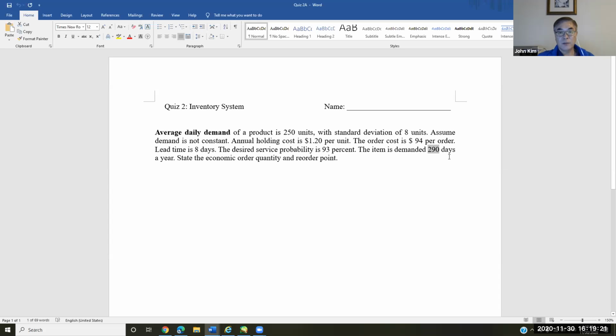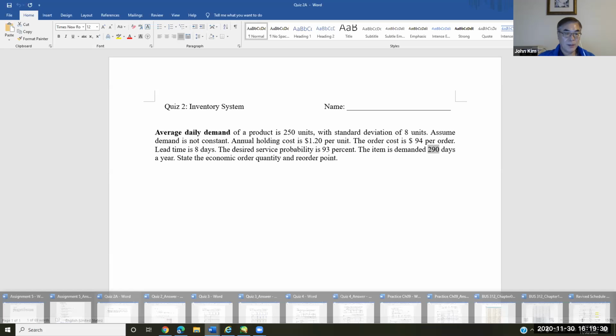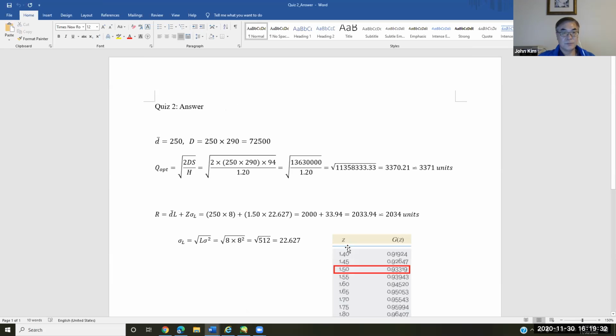But if the given number is like this, then use this number to get annual demand. So here, uppercase D is annual demand. From the daily demand, the given number times 290 days equals 72,500.